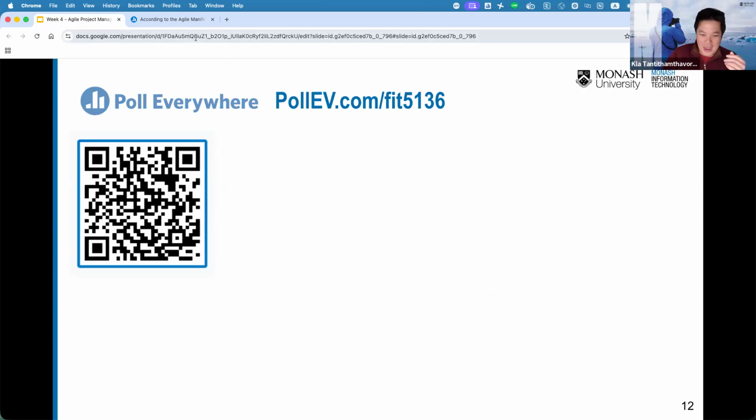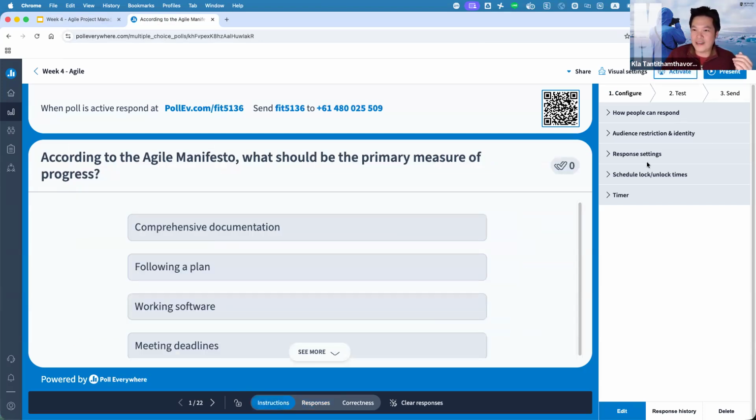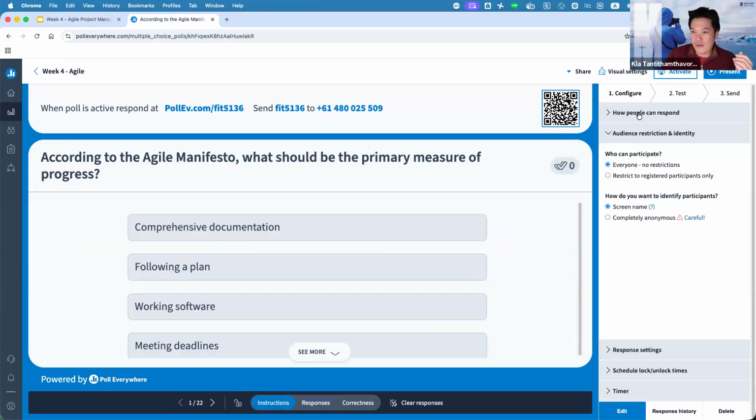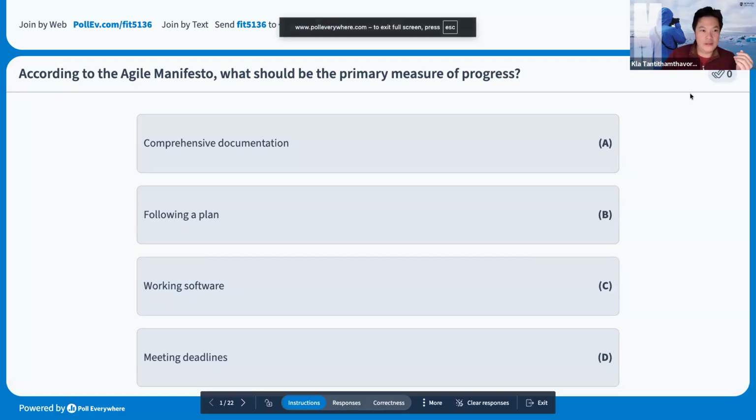Fantastic. I believe everyone really likes the Poll Everywhere activities, so what about we do something now? Let's check whether everyone has a good understanding of what we learned today or not. All right, there we go. What do you have access, everyone?